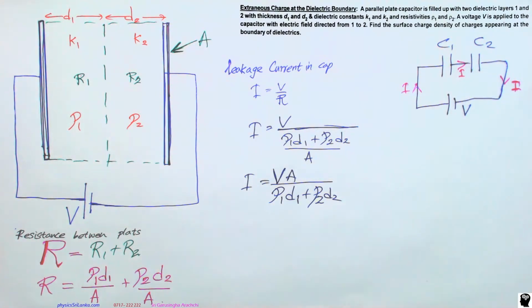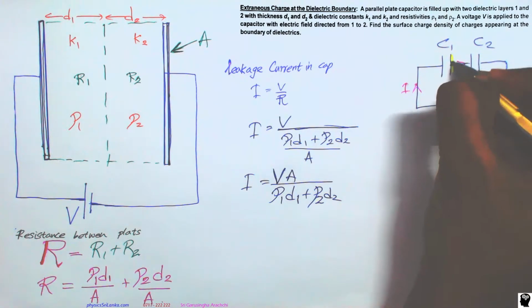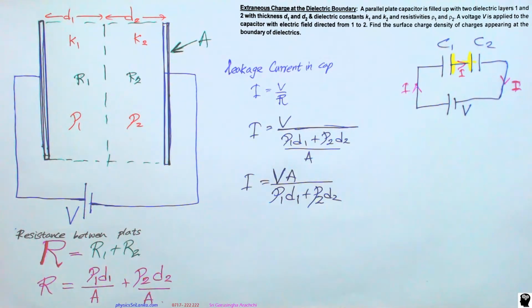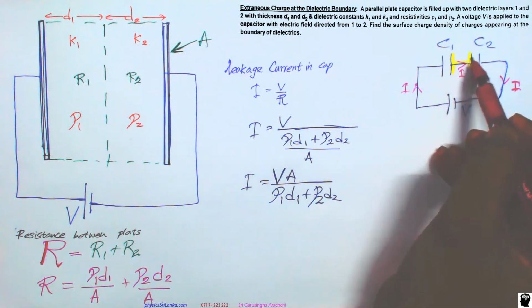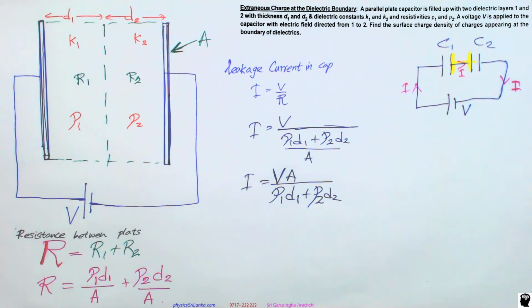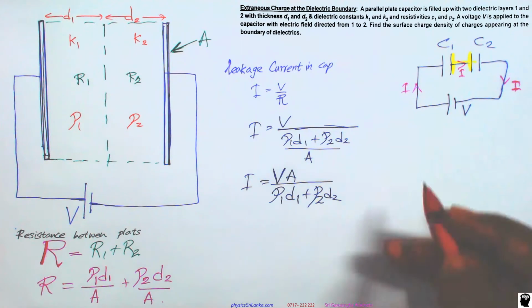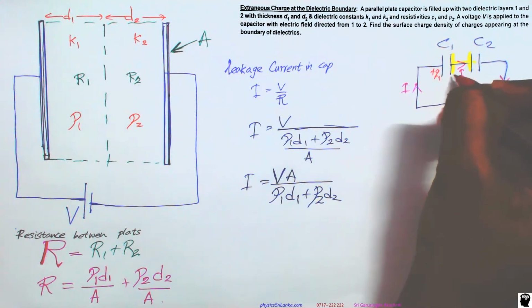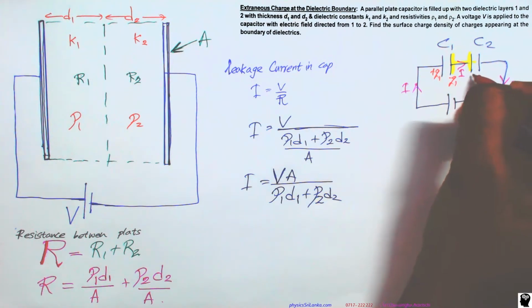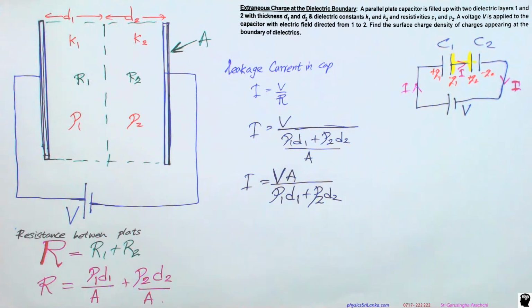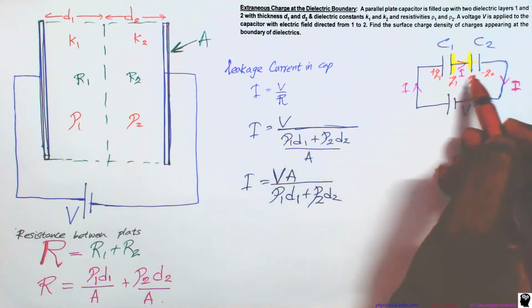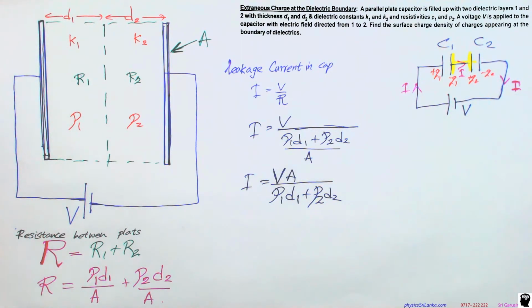But in this particular case, the charges on the plates of the two capacitors will not be the same. So we can write the charges appearing on these capacitors as plus Q1, minus Q1, and plus Q2, minus Q2. There are different charges on the series capacitors. Here we can find the charges on the plates.